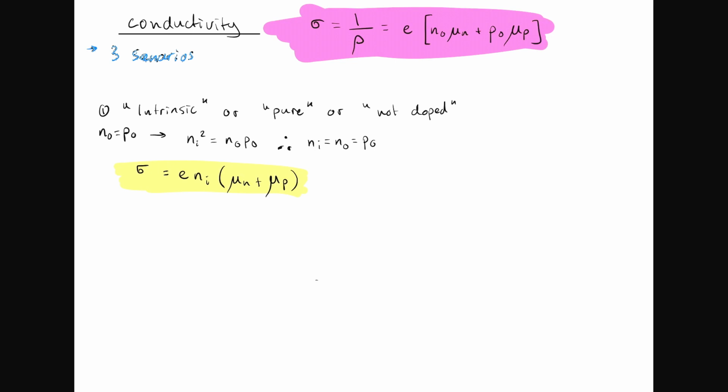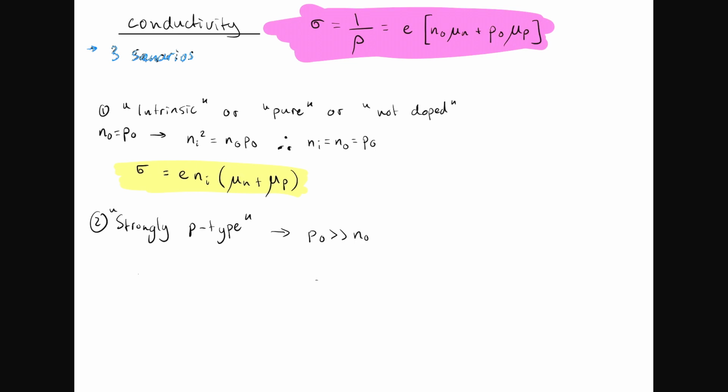The second one, strongly p-type. So if we have strongly p-type, that means our concentration of holes is much greater than the concentration of electrons.